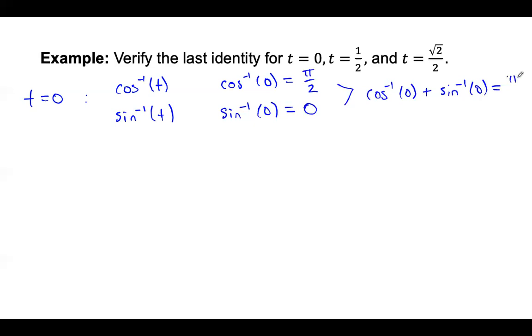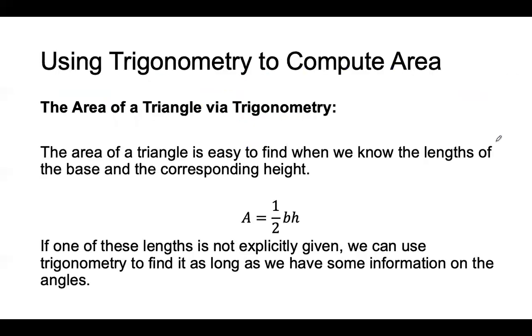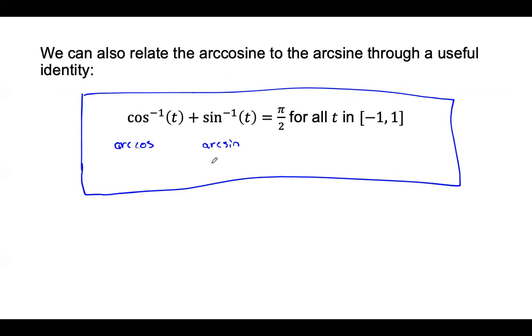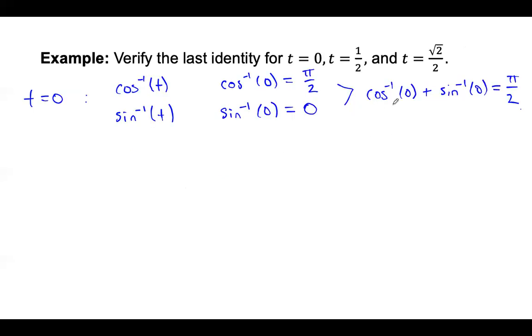So this is going to be pi divided by 2. This is what this identity says. When we add them, it's equal to pi divided by 2. Good. So for t between -1 and 1, this works when t is equal to 0.